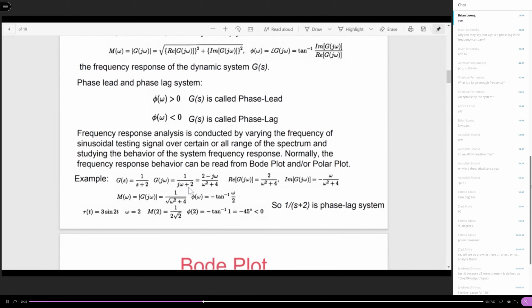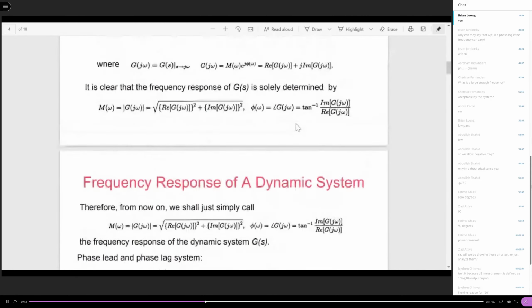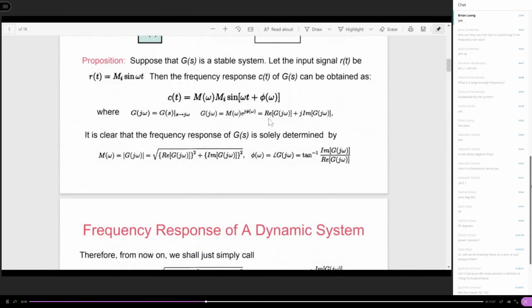So you rationalize the denominator, and then you can factorize this complex function into two parts. One is the real part, which is also a function of frequency, and the other is the imaginary part, which is another function of frequency. So you can also express this G of j omega in the real and the imaginary part.